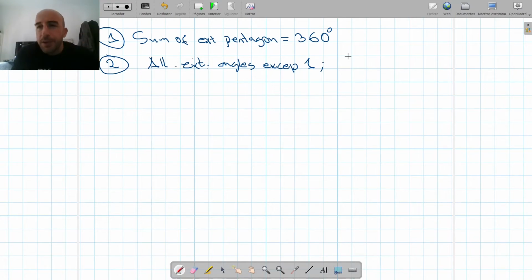And we have to use the theory that the exterior angles add up to 360 to do 360 minus the addition of all the other angles and to obtain that one.